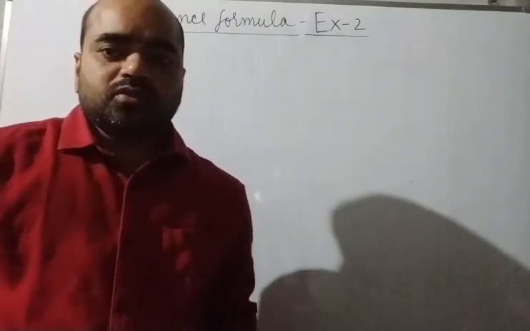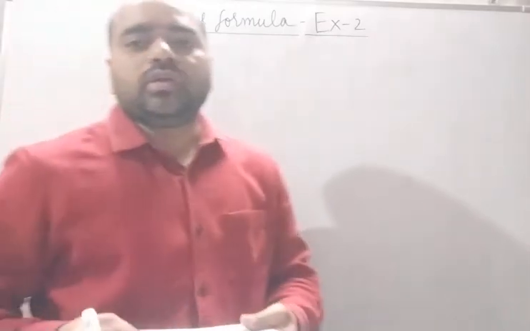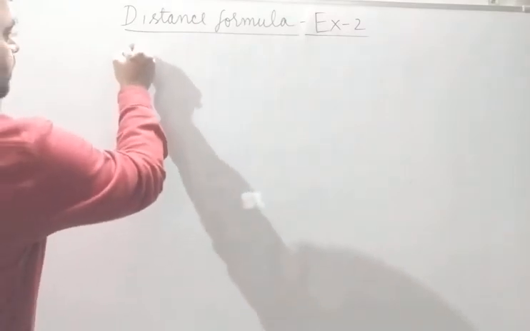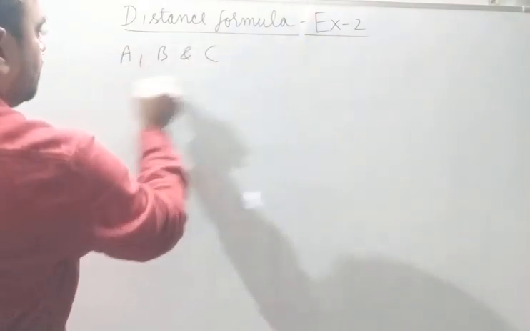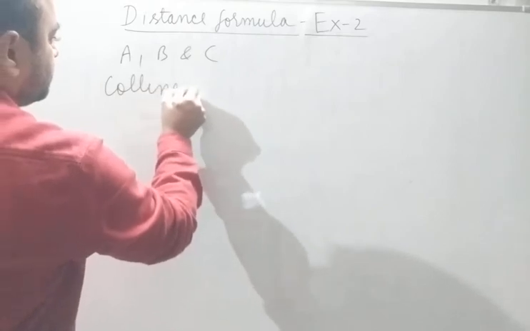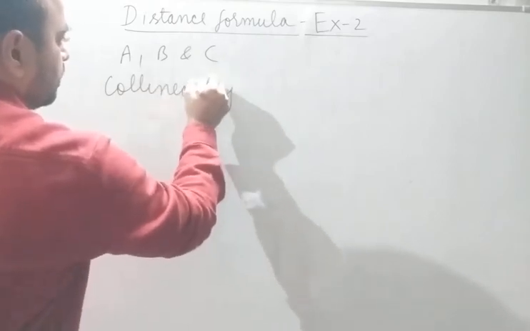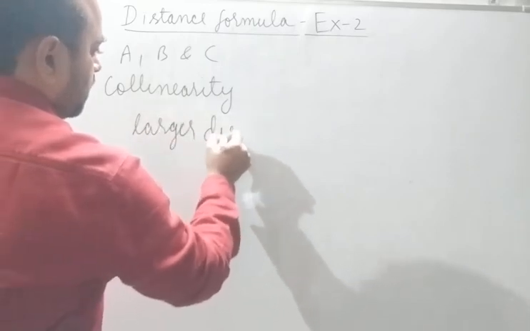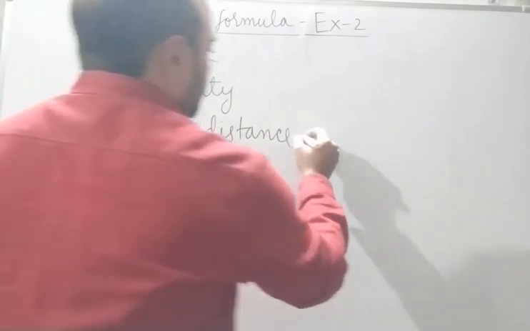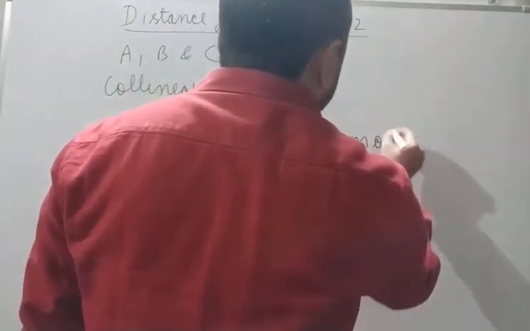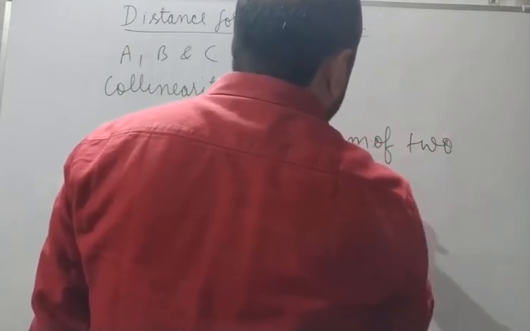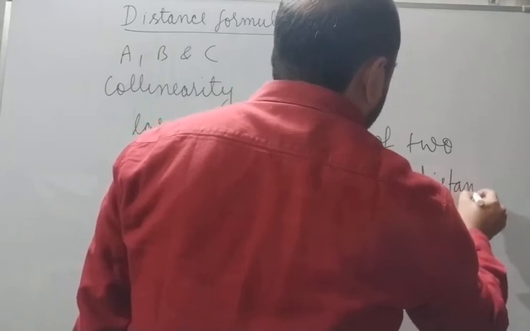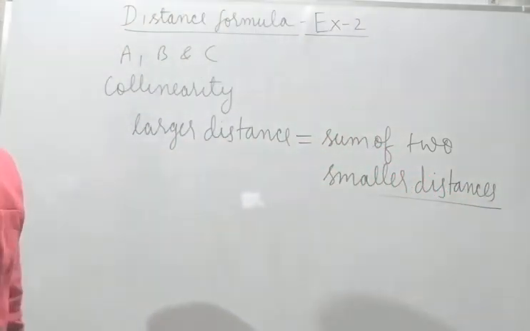Now the last topic, the questions are based on collinearity of 3 points. For collinear points, suppose 3 points are there. For collinearity, the larger distance must be equal to the sum of the 2 smaller or remaining distances.